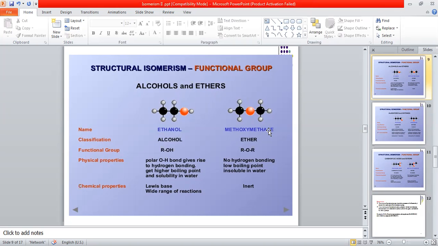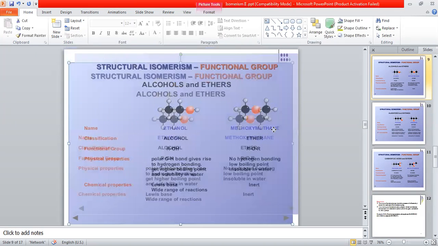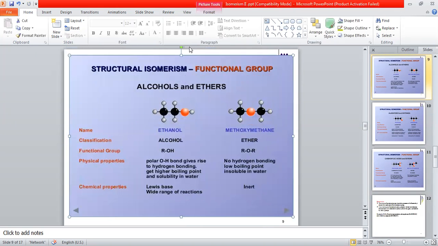In both compounds, what will you get? Carbon number is 2. Hydrogen number 1, 2, 3, 4, 5, 6. Hydrogen number is 6. And oxygen 1. So this molecular formula applies for this one and for this one also.